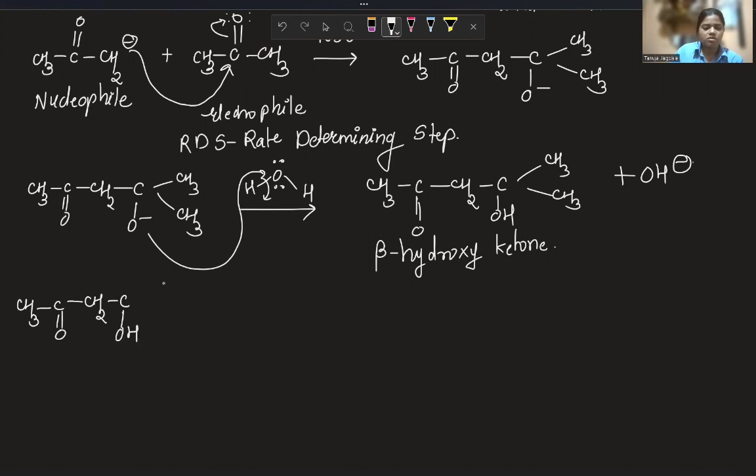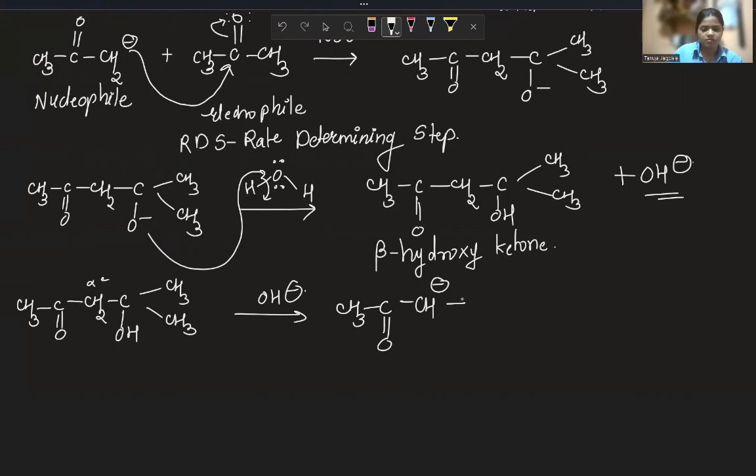So OH, CH3, CH3. A base which is regenerated in this reaction will abstract a proton from the alpha carbon to form carbanion.